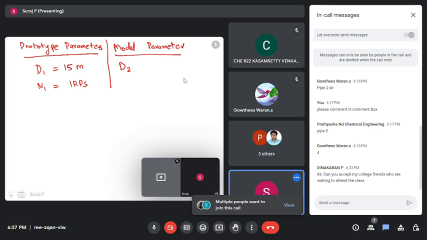Next one is the kinematic similarity. For following the kinematic similarity, the system should follow geometric similarity, which was discussed in the previous slide.